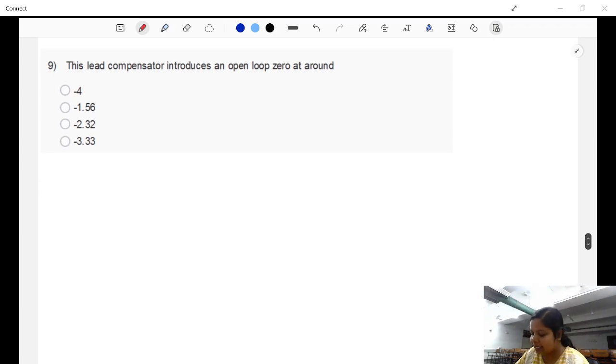So this lead compensator, the one that we are discussing right now, 1 upon s into s plus 2, introduces corresponding to this transfer function. Thus, this lead compensator introduces an open loop 0 at around what? So let's find what is the open loop 0. So your 0 is equal to minus 1 by T. And what is the value of T that you had got?